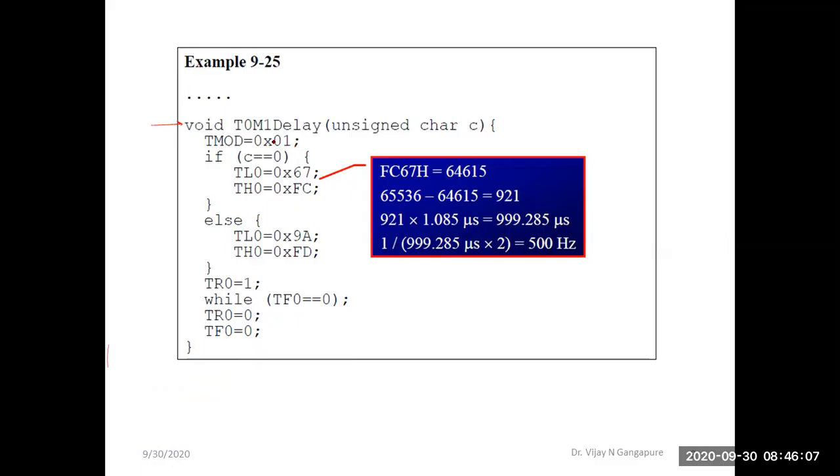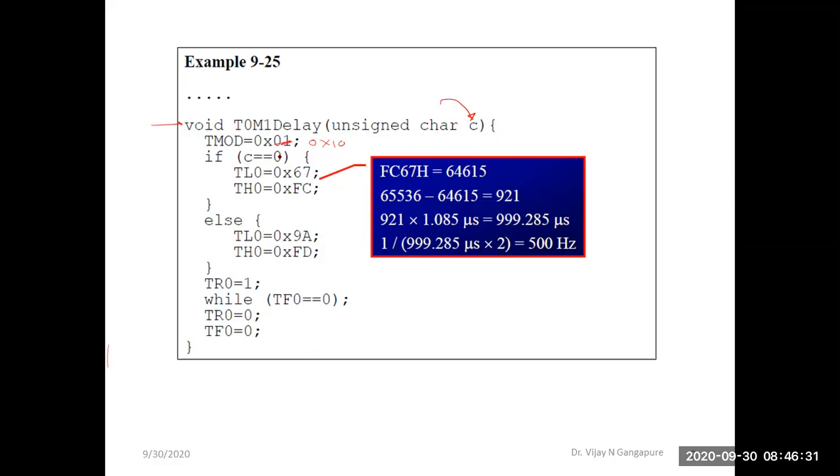Here it should be 0x10 because I'm using timer 1, so this will configure timer 1 in mode 1. The value being passed to this function gets assigned to variable C. C will be either 0 or 1. If switch is 0, C will be 0. If switch is 1, C will be 1.